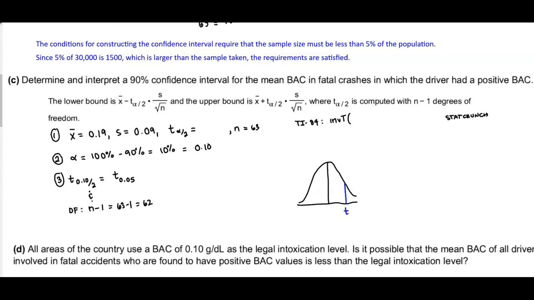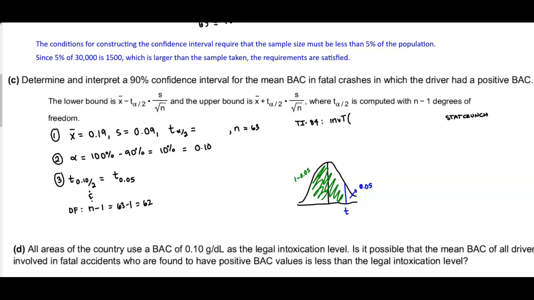So it's a positive value, and the area here is 0.05, and what we're looking for is the area that's to the left of this. So we want 1 minus 0.05, or we can use 0.95.